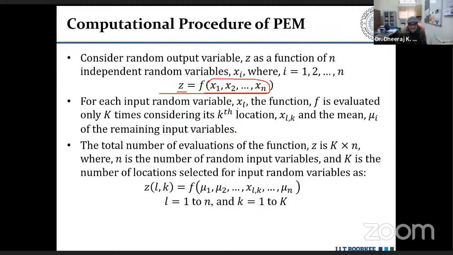for each random variable, let us say xl, we have to compute this function only k times, considering its kth location. Kth location is given by this, that is xlk and mean value of other input random variables.